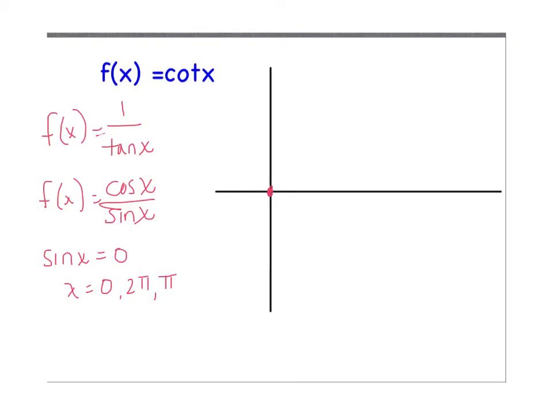So the cotangent graph looks an awful lot like the tangent graph, except this is pi, halfway is pi over 2, half again.